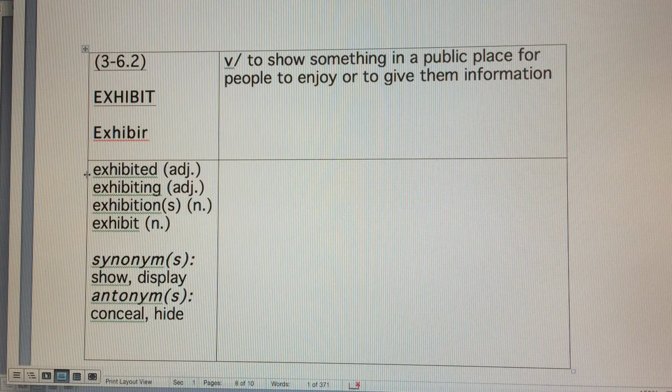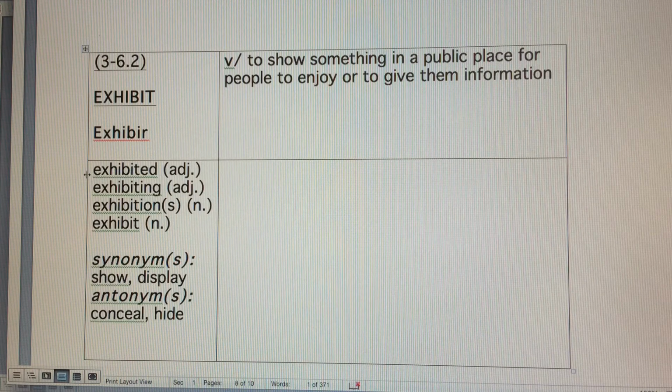And the difference between an exhibit and an exhibition, besides the pronunciation, is the scale, how big. An exhibit tends to be small, a small display, and an exhibition is usually very large, one where people walk around. Okay? Note the difference in pronunciation.